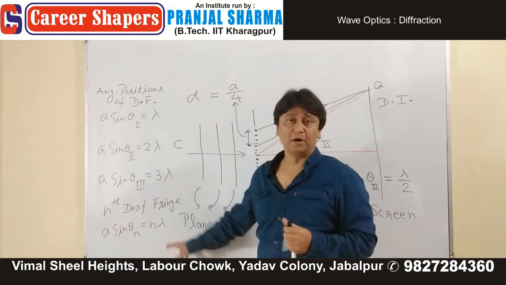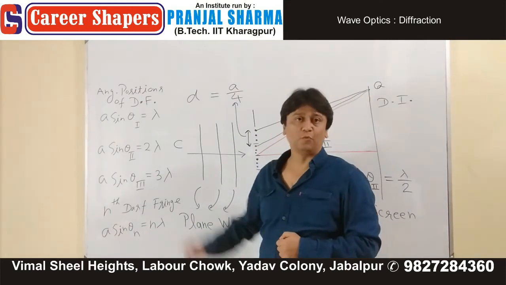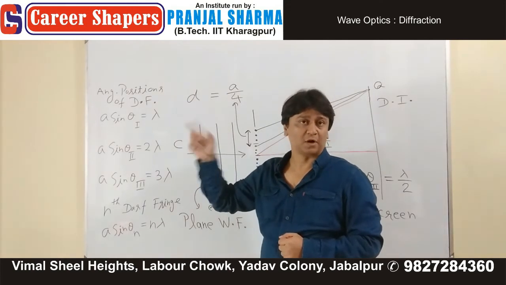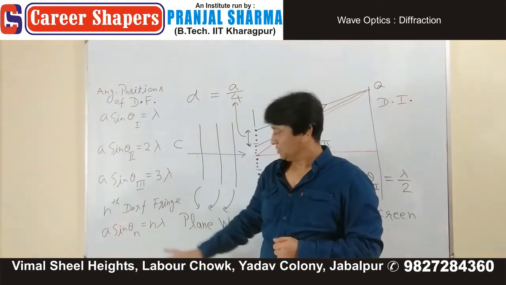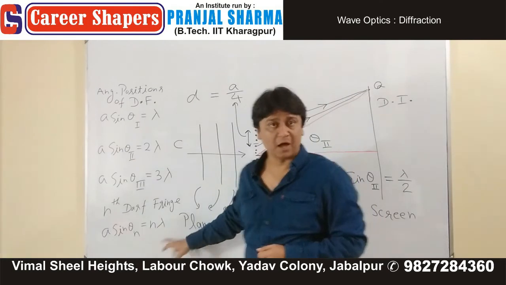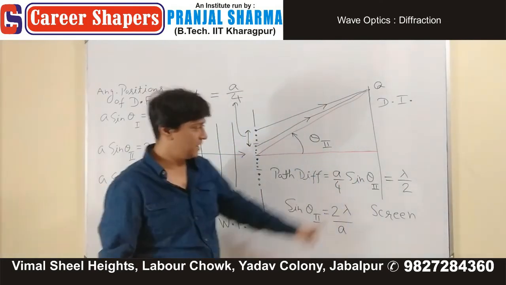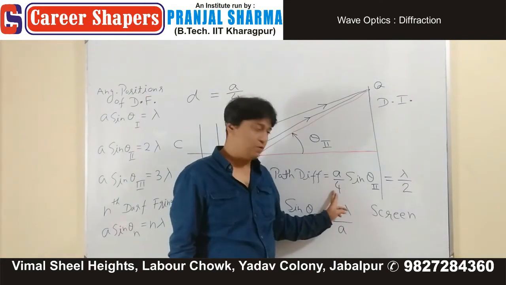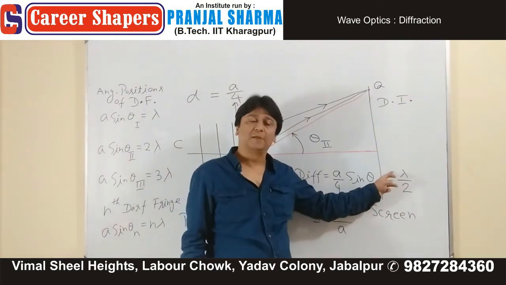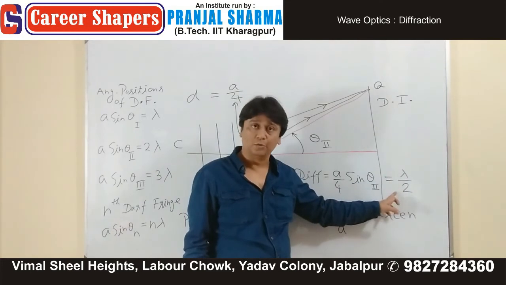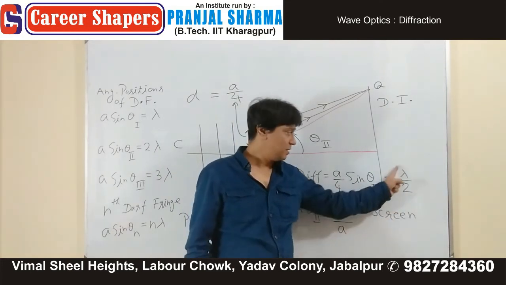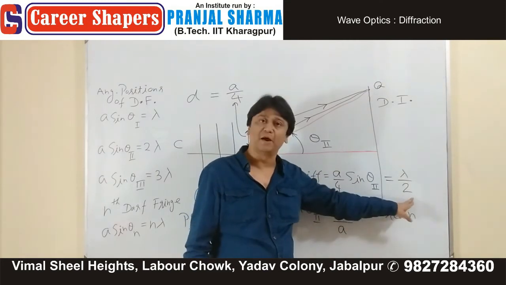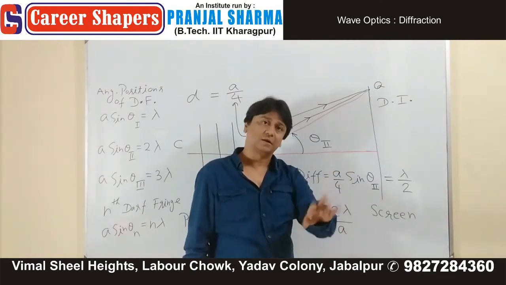But now remember, some of you might think that when the path difference was n lambda, we used to get a bright fringe. So this is not n lambda, this is basically lambda by 2. This 4, when you transfer it here, becomes 4 by 2. So remember, we are again using the same thing. If the path difference is lambda by 2, you get dark.